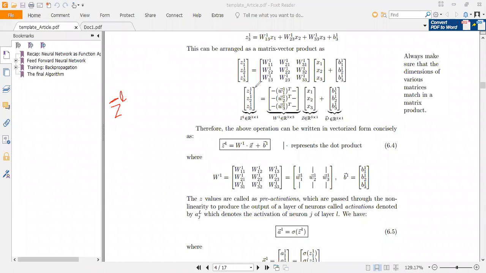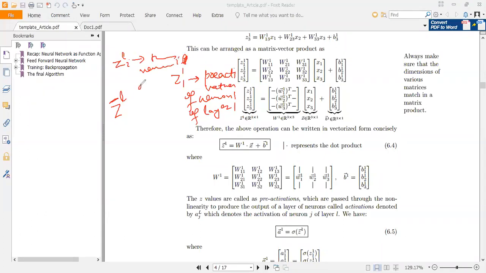Each of these terms, Z11, means the pre-activation of neuron 1 of layer 1. Similarly, if I say ZLI, that means the pre-activation of neuron I of layer L. So you take care of it.